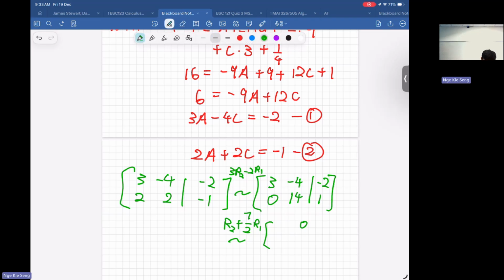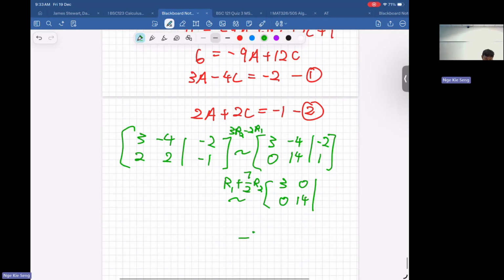Wait, let me see. So here is row 1, here is row 2. Here's 3, here's 0. And then minus 2, 7 over 2. What do you get? 3 over 2. Okay, so in the end you get 1 0 1 over 2.